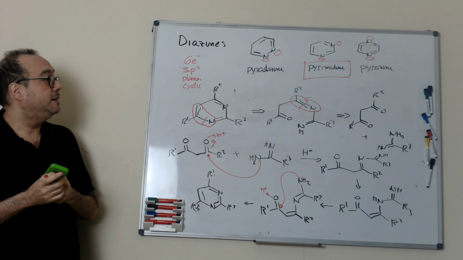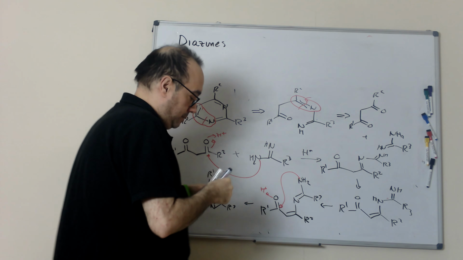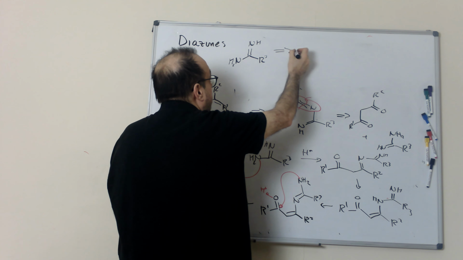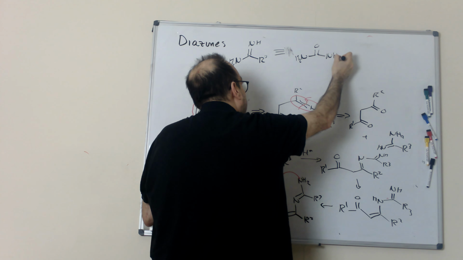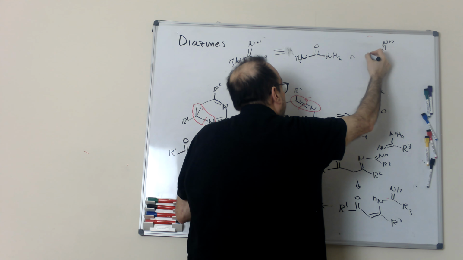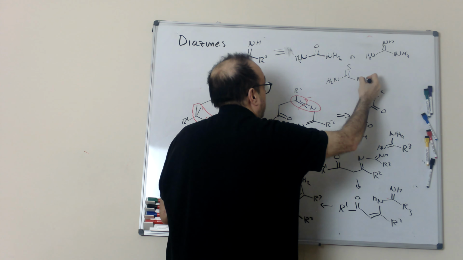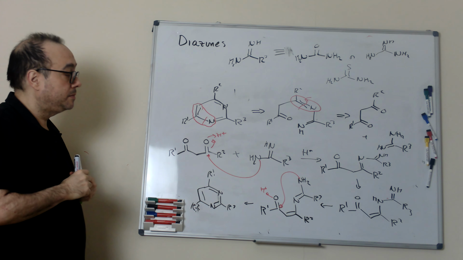And the last thing that I want to say is that this type of compound that I draw here could be, for example, ureas or amidines, thioureas, etc. And that's all.